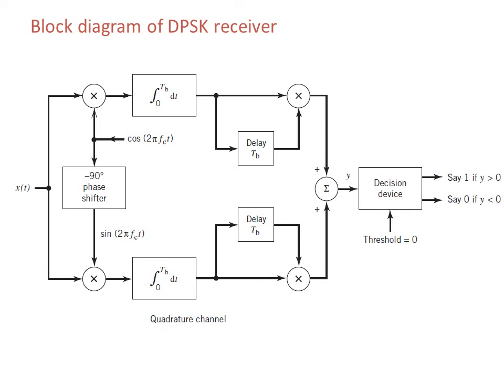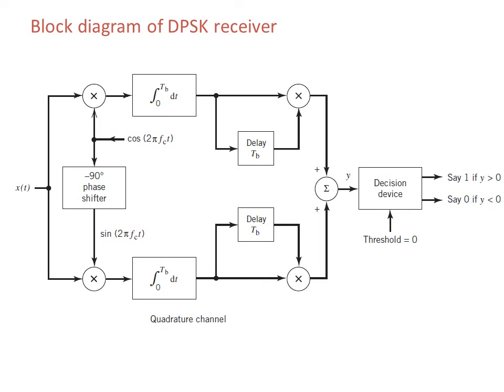In the quadrature path, the received signal x of t is multiplied with sine 2 pi fct, so the carrier used here has a 90-degree phase shift with respect to the carrier used in the in-phase path. Again the bit duration is considered and it is multiplied with the delayed version of it. Then the outputs of the in-phase and quadrature paths are added and fed into the decision device.